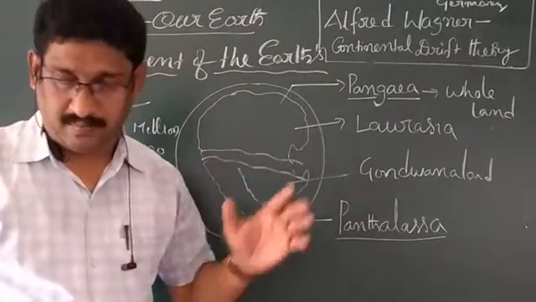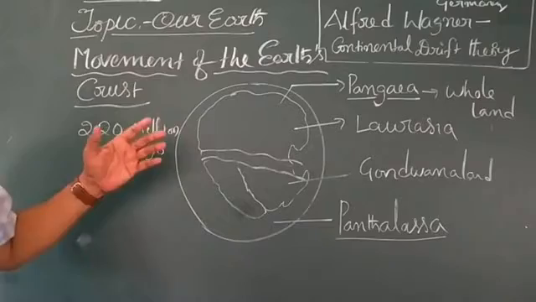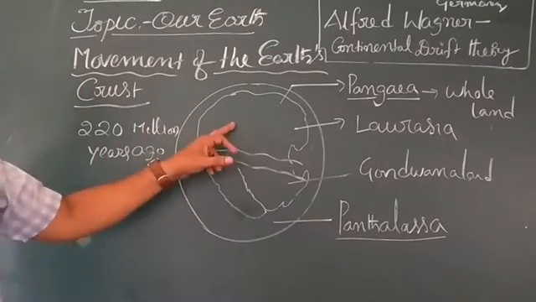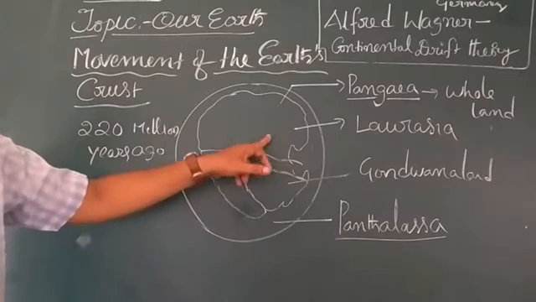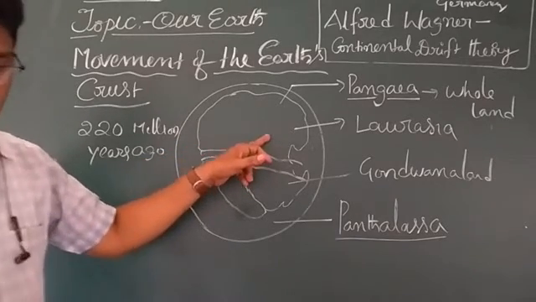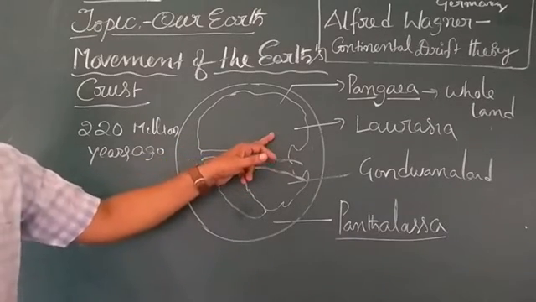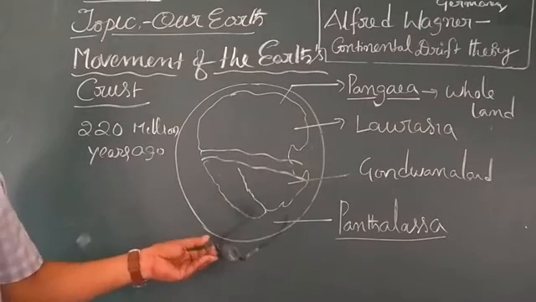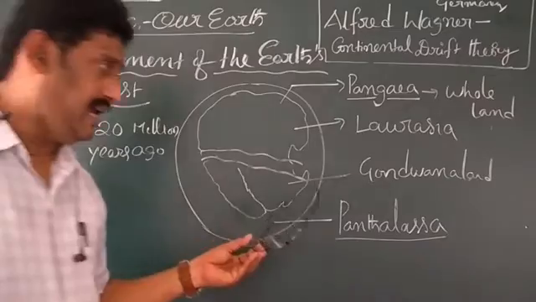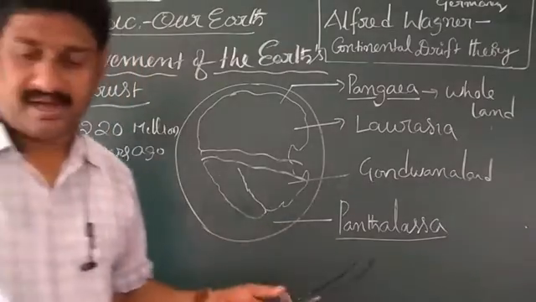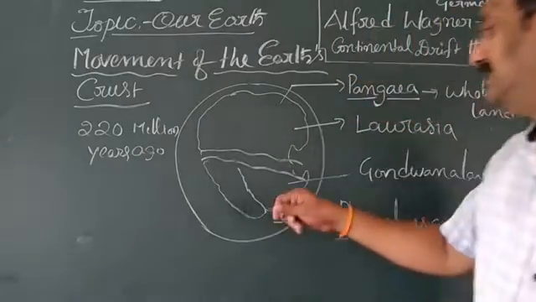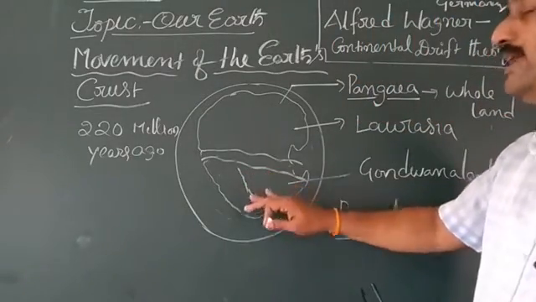The important continents in Laurentia are North America, Greenland, and Eurasia, the North India subcontinent. Coming to Gondwana land, here are present South America, Africa, Madagascar, India, Arabia, Malaysia, East India. All these consisted of this Gondwana land.